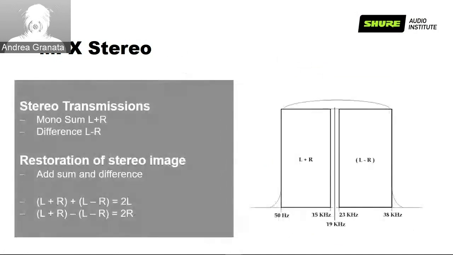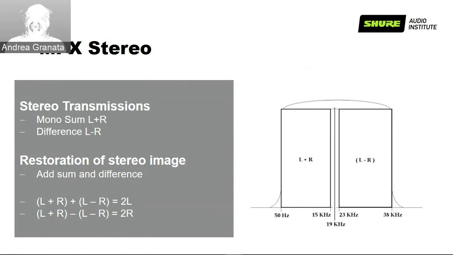To get mono compatibility, we put together left and right, or in the case of mixed mode even two unrelated signals, as A plus B. In the second portion of the spectrum, with a frequency shift, we have the difference, left minus right.